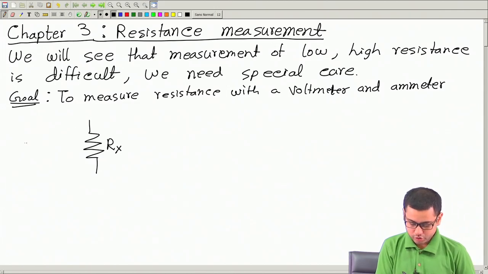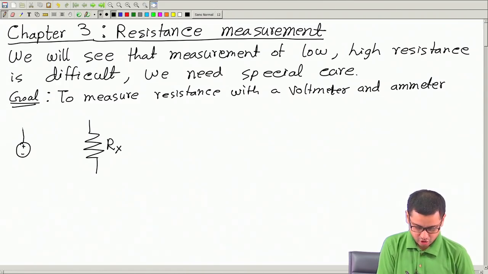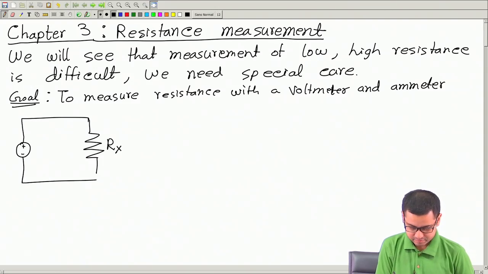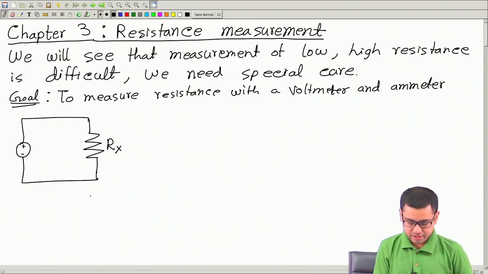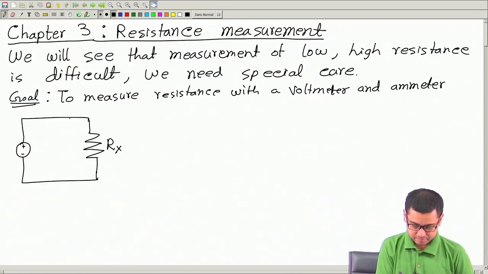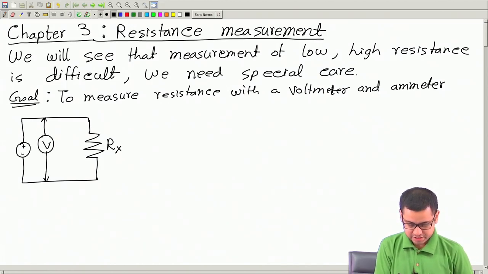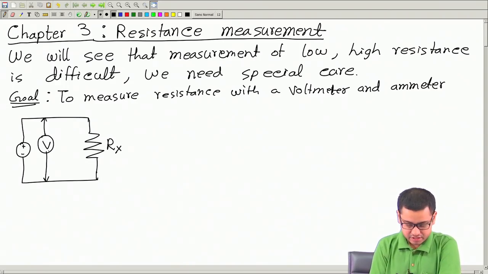We will connect some voltage source across this resistance, and then we will measure the voltage across this resistance with a voltmeter. This is the symbol of a voltmeter, a V inside a circle. So this will give me the voltage across this resistance.